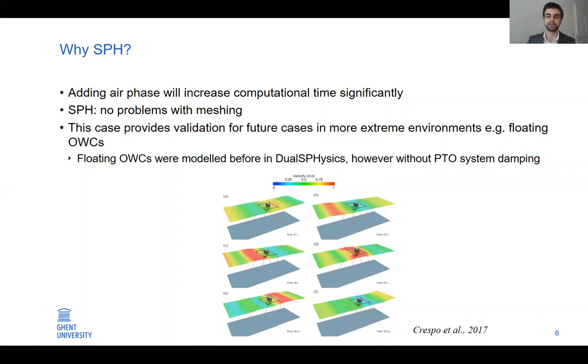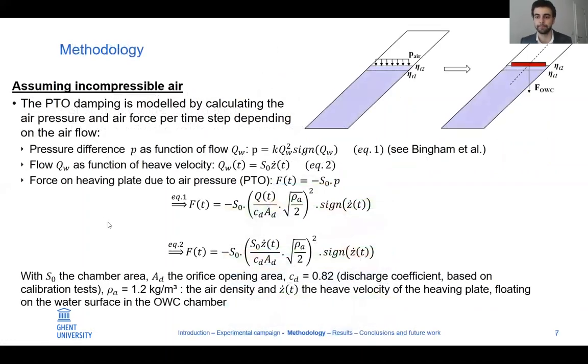Floating OWCs have already been modeled in DualSPHysics, however not with the inclusion of a PTO system as is the case here. So it was first assumed that the air inside the OWC chamber is incompressible. There is a relationship between the pressure difference P and the airflow QW driven by the free water surface, which is given here in equation 1.